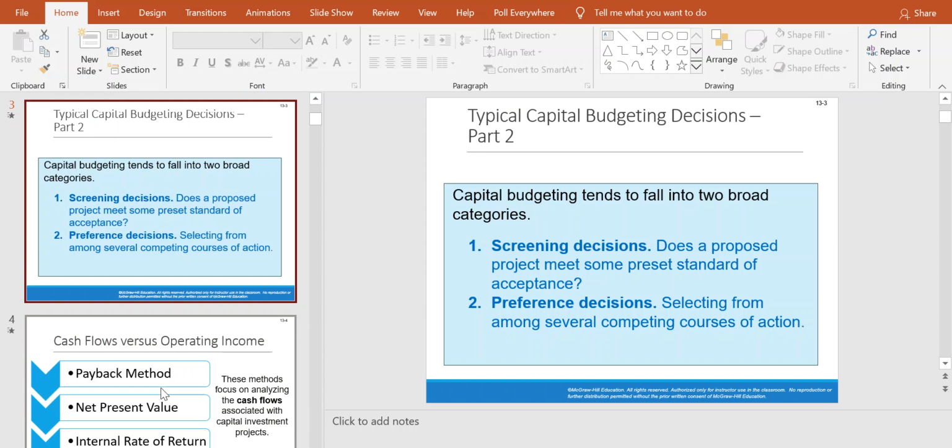So, what are we talking about? Well, we're going to have two levels of decision making. One is going to be a screening decision, which basically says there's a minimal requirement for a project to even be considered. So, does this project get above that screening process? And if it does, then we're going to move into the next area, where we're going to compare perhaps two different projects.